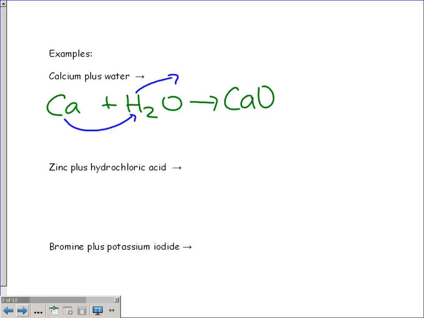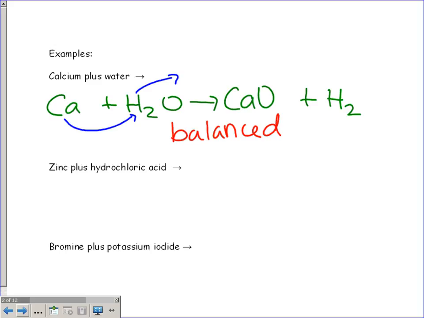Because +2 and -2 cancel out to 1 and 1, we don't write 1s, plus the other element of H2. Now I can check to see if I'm balanced. 1 calcium, 1 calcium, 1 oxygen, 1 oxygen, 2 hydrogens, 2 hydrogens. At this point, I am balanced. So this is the process we're going to take for every single replacement reaction.